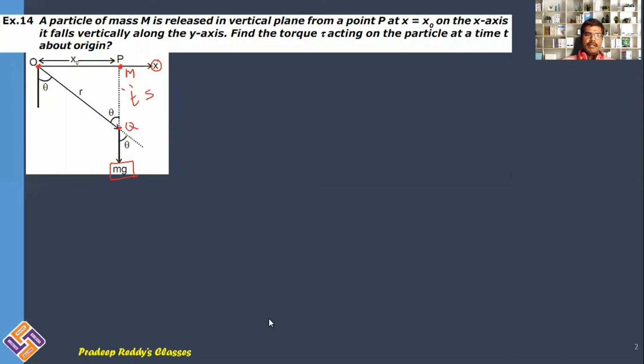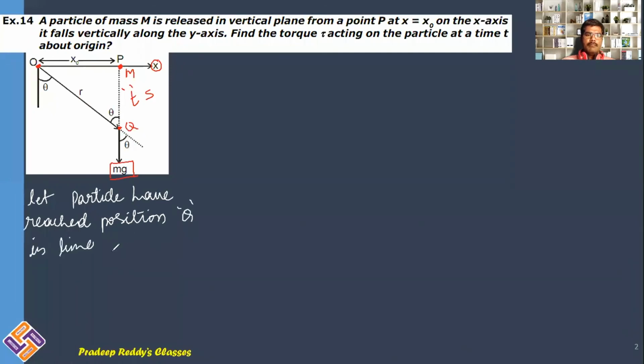Let the particle reach position Q in time t seconds. Now at position P, mg is in the downward direction, and at position Q also mg is in the downward direction.